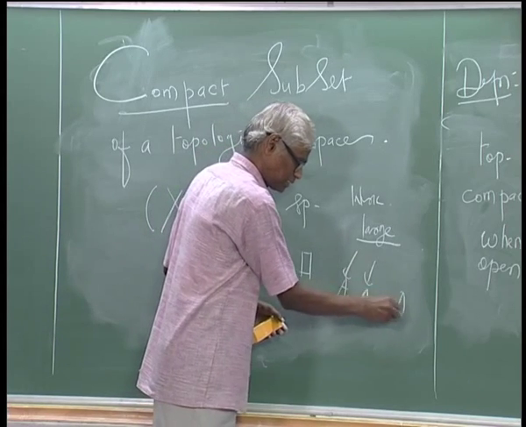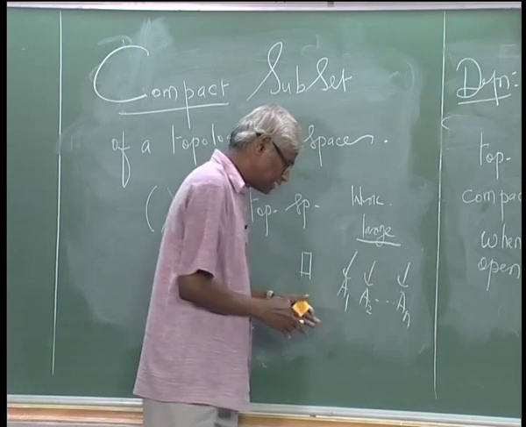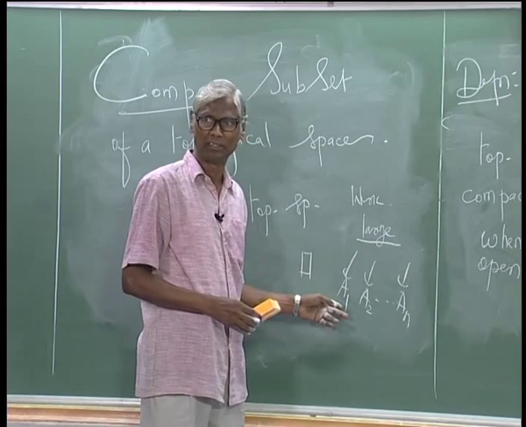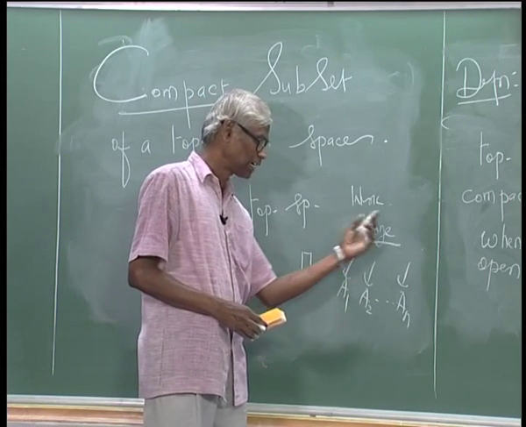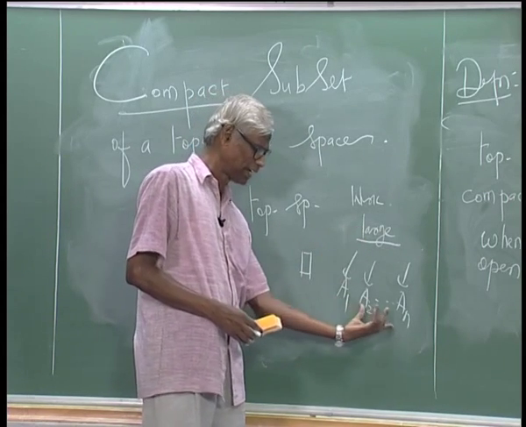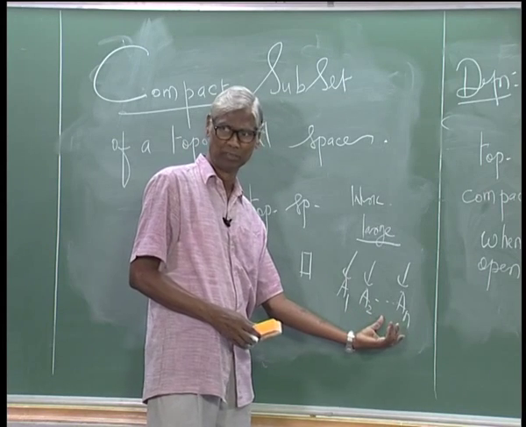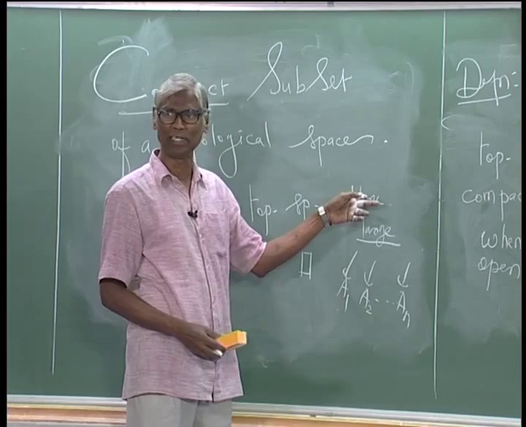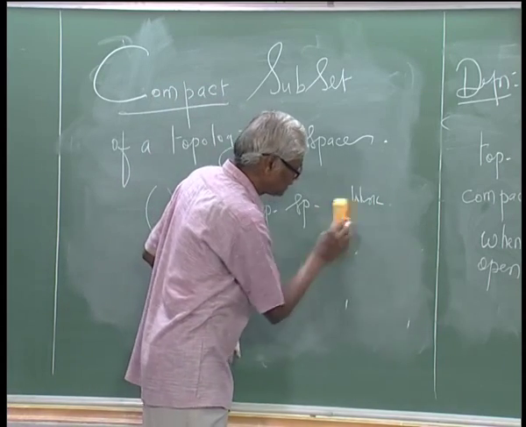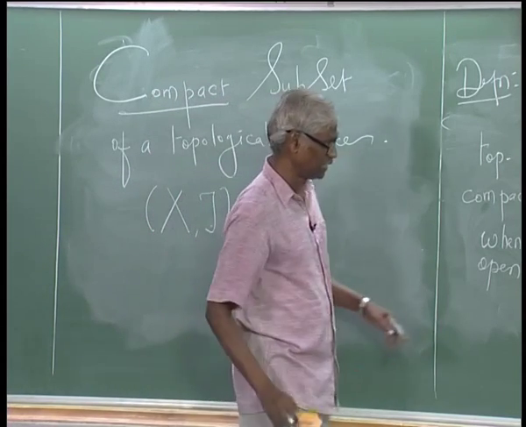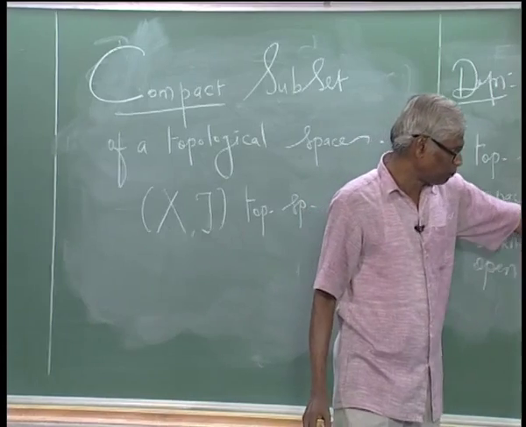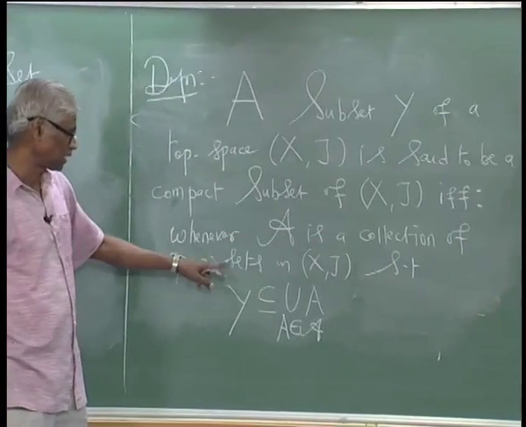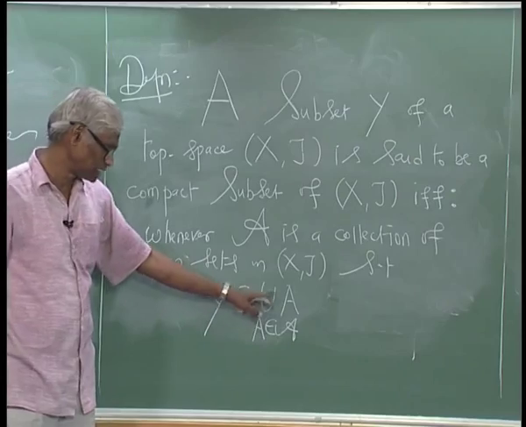These finitely many persons from that large collection are small enough, and that will be sufficient to complete the work. So, in this sense, here script A is a collection of open sets which covers Y.